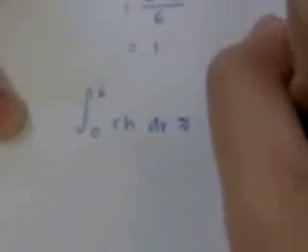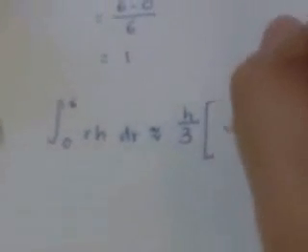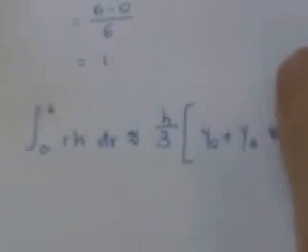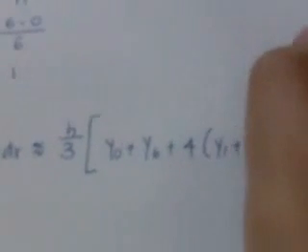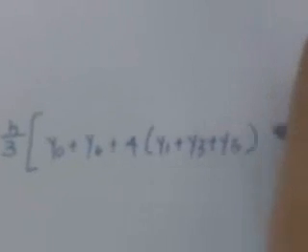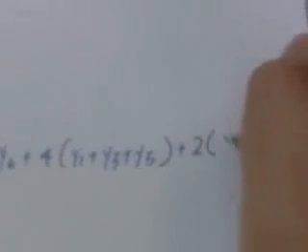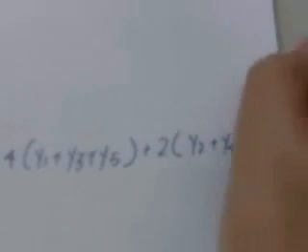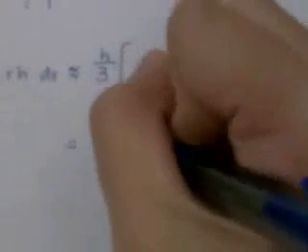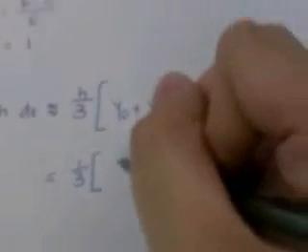The formula given is approximately H over 3, open bracket, Y0 plus Y6, plus 4 times Y1 plus Y3 plus Y5, close bracket, plus 2 times Y2 plus Y4, close bracket. So we sub in the values now, which is 1/3, open bracket, Y0, which can be found in the table over here.